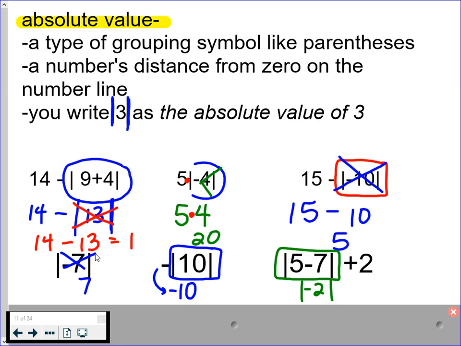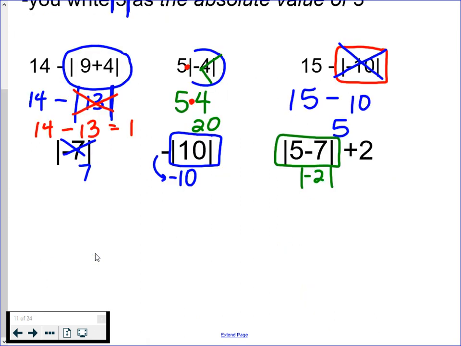But there's still those absolute value bars that we need. What do those absolute value bars mean? How far away is -2 from 0? 2 spots. +2. That whole expression simplified down to 4.